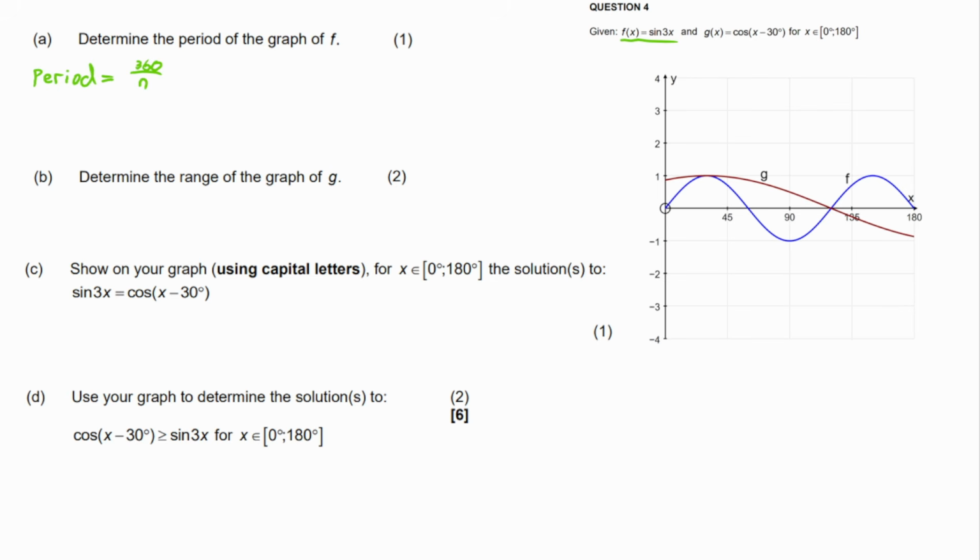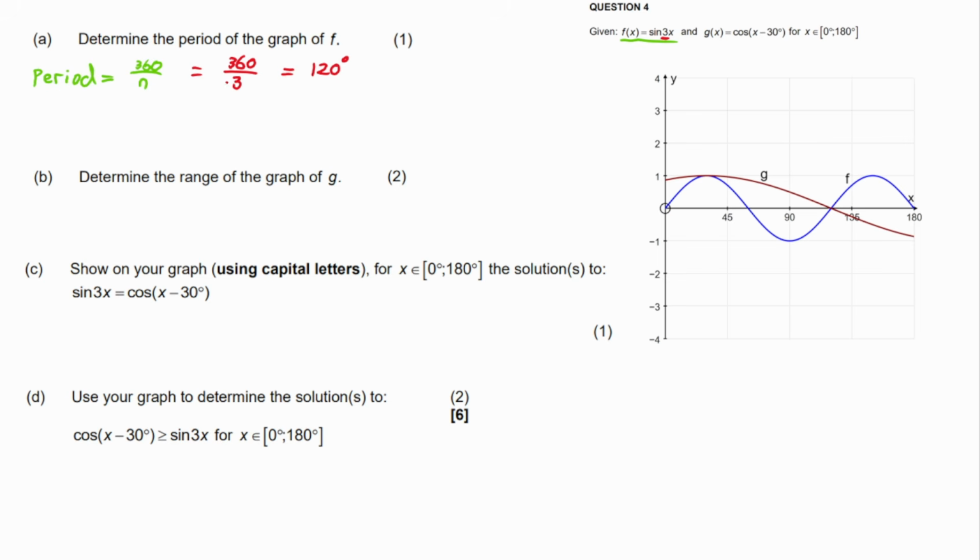Okay, so this n is this number here in front of the x. In this case it's 3. So the period is going to be equal to 360 divided by 3. So I get this to be 120 degrees. So that's how I would do it. So even if this was a fraction, say this was 1 over 3, you're going to be saying 360 over 1 over 3.